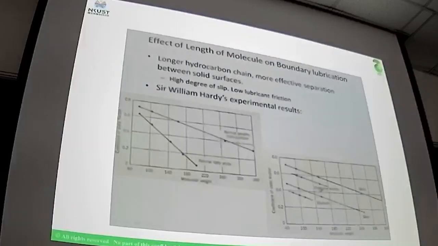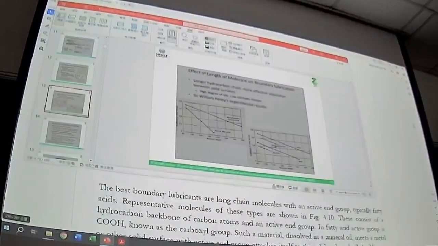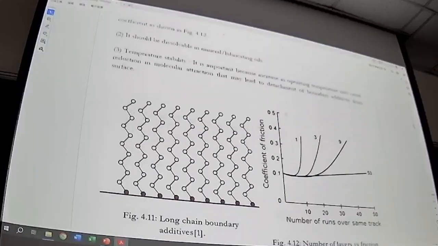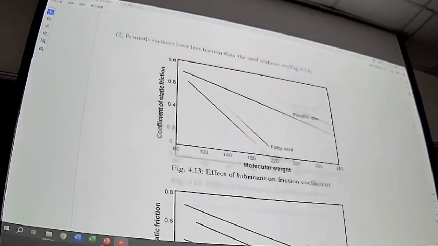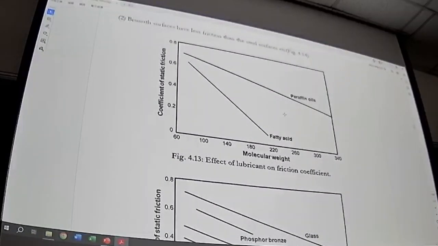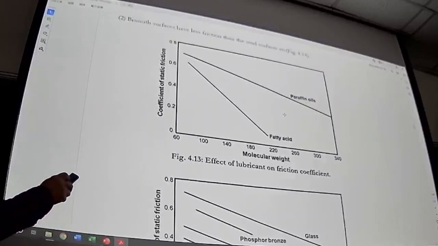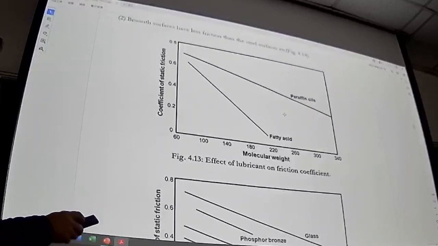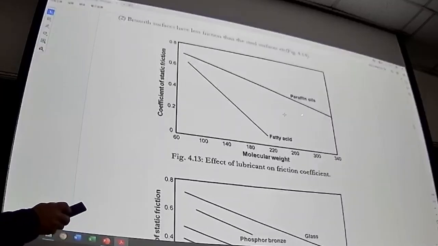This is the experimental result from Sir William Hardy's experiment. We have several different results. This is the coefficient of friction on the vertical axis. The horizontal axis is molecular weight. So you have a paraffin oil.